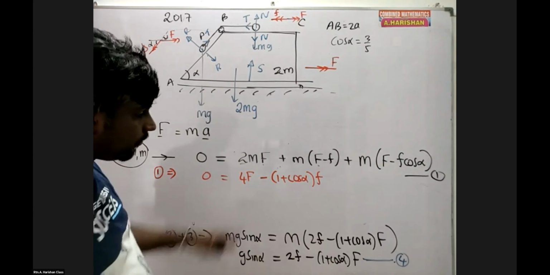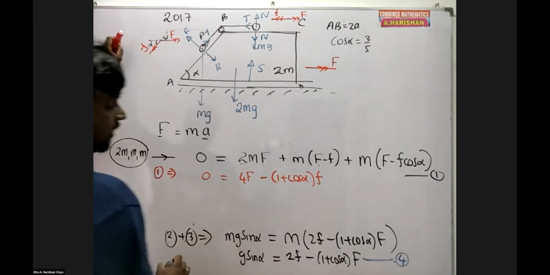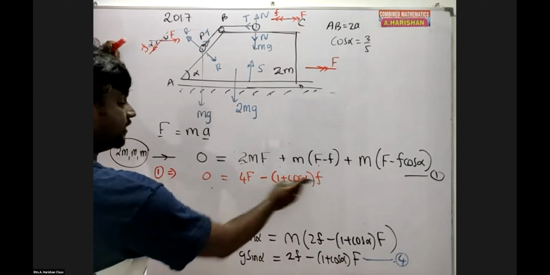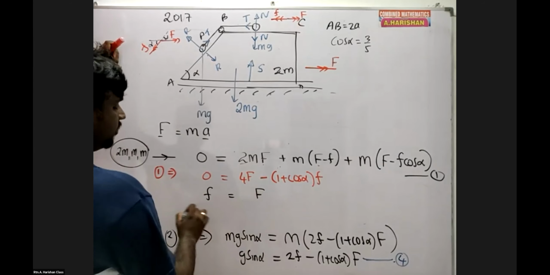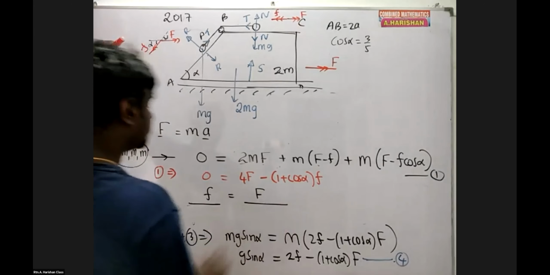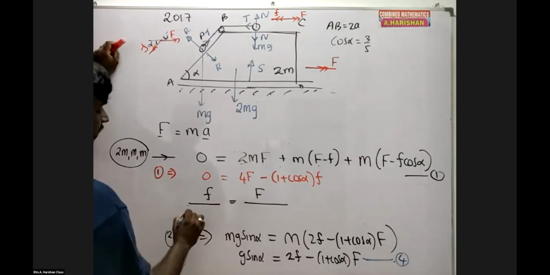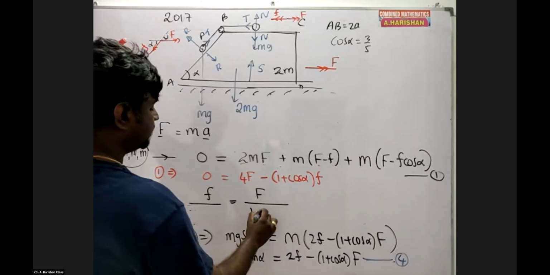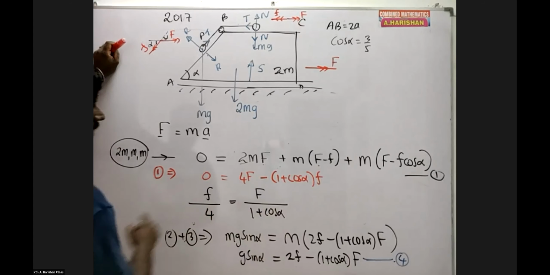So the first equation I can write further in the way of you bring this to this side, F, and this is capital F4. So you can change like this. So you can put capital F, 1 plus cos alpha here and 4 here. So do you understand?